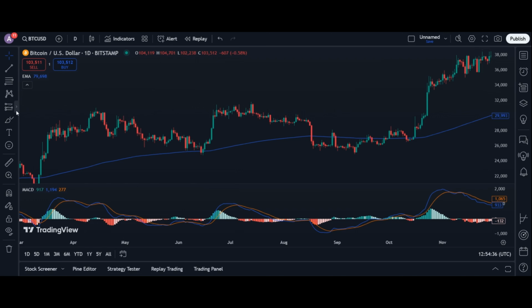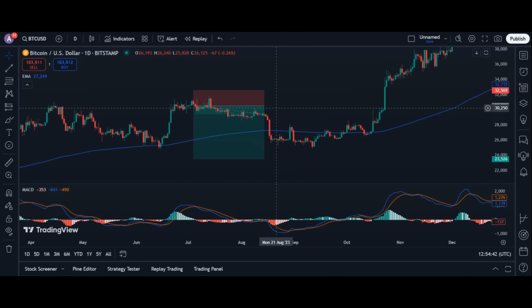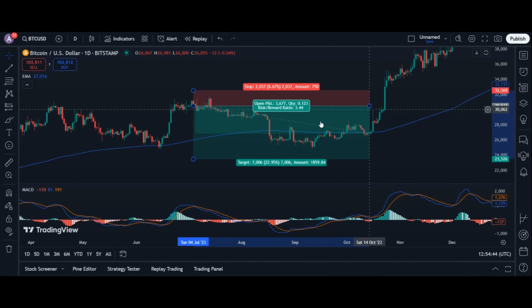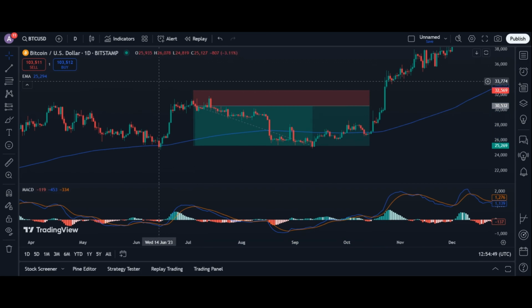Let me grab the short position from here. As you can see, that was an accurate prediction that we made by just using the MACD indicator.